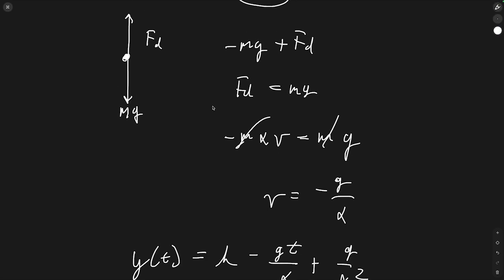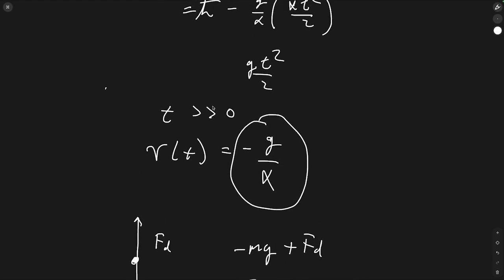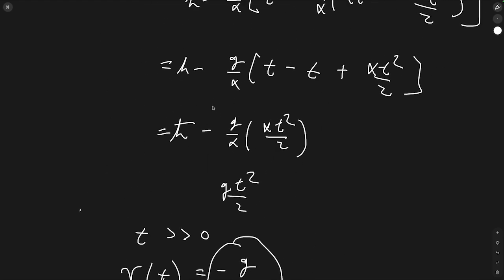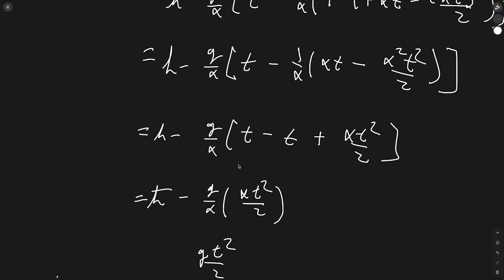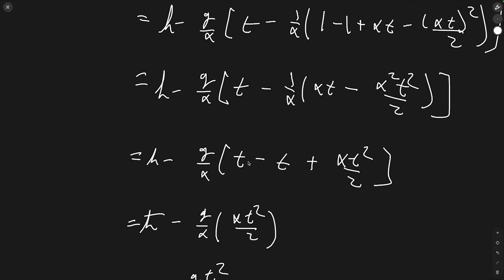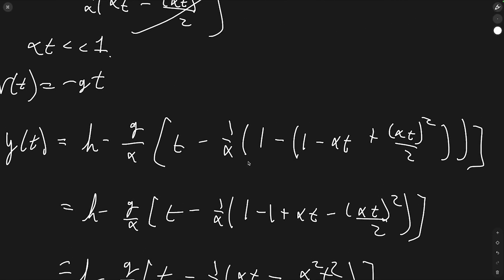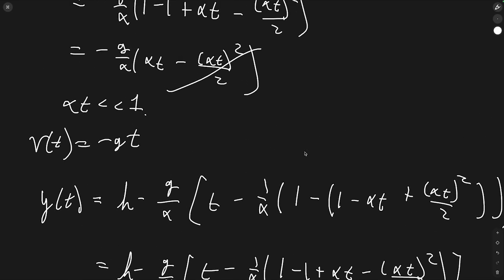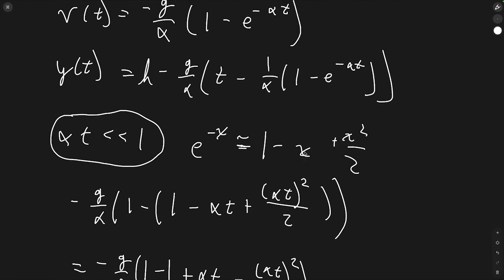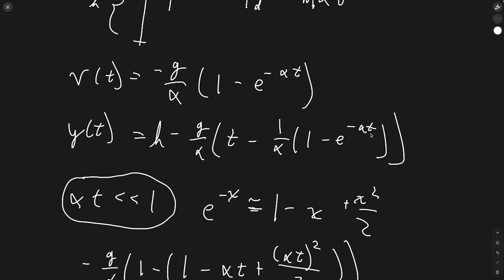Notice that alpha t is a dimensionless quantity. You can gather that by noting that it's being subtracted here by a number, or that it's used in an exponent.